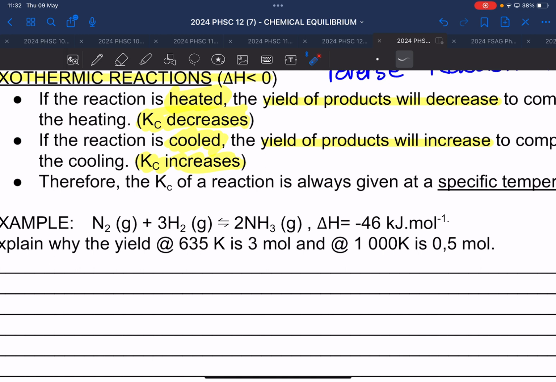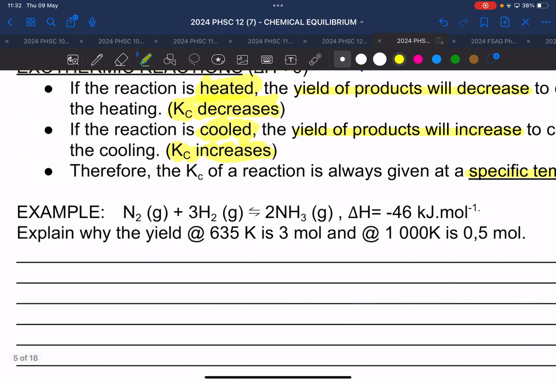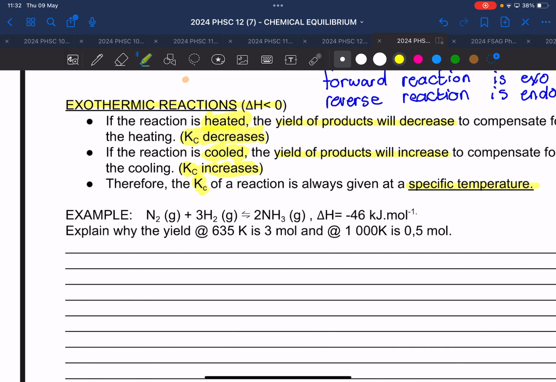So they will always give the Kc value at a specific temperature, because we know that when we change the temperature, our Kc value will change. So if they give you a Kc value, that Kc value must have been measured at a specific temperature. That's what I wanted to say.